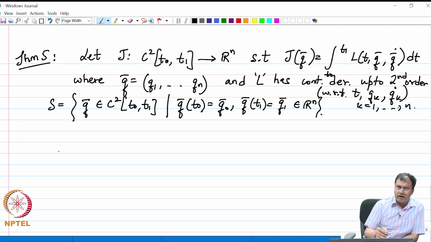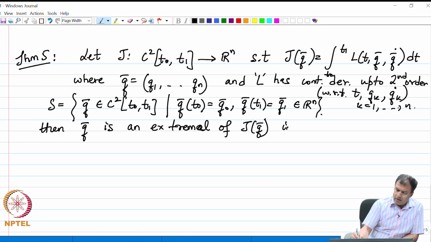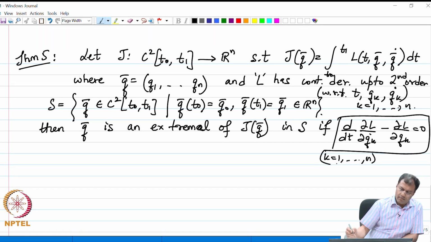We continue by describing the set of perturbations as H. The result is then that q bar is an extremal of J in S if the following set of equations are satisfied, where k is from 1 to n.